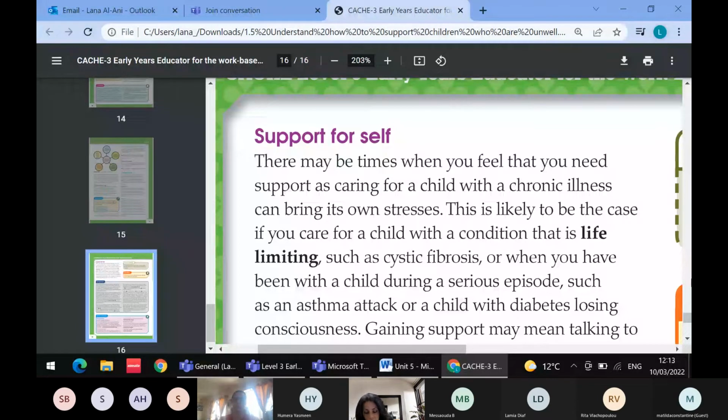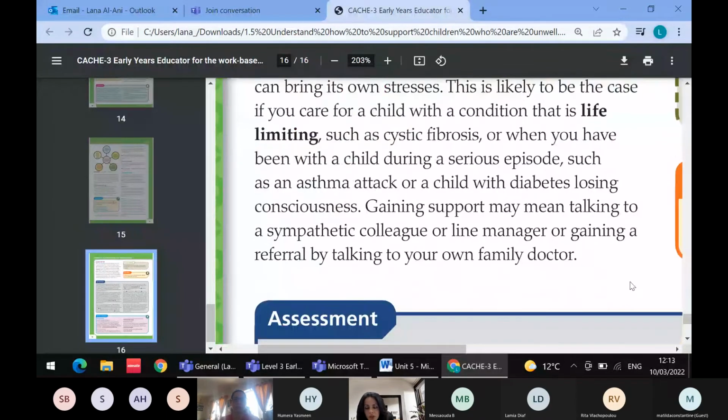Or maybe something like a real asthma attack, that's scary for you, not only for the children. Or a child who's got diabetes losing consciousness, that's really scary for you as a staff. Maybe later on you will get a lot more information and understand how to deal with it. But here, gaining support might mean taking care of yourself.